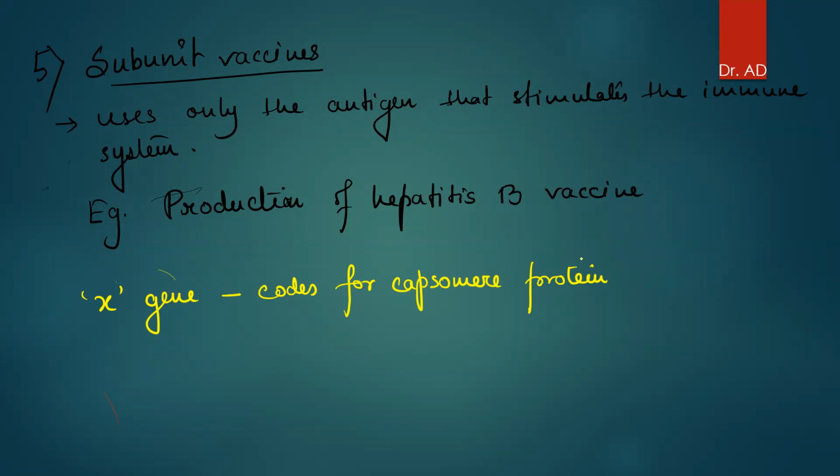Now, the segment of the DNA is cut with restriction endonuclease to isolate the X gene. Follow each line that I say. So, restriction endonucleases are used to isolate the X gene. Okay.